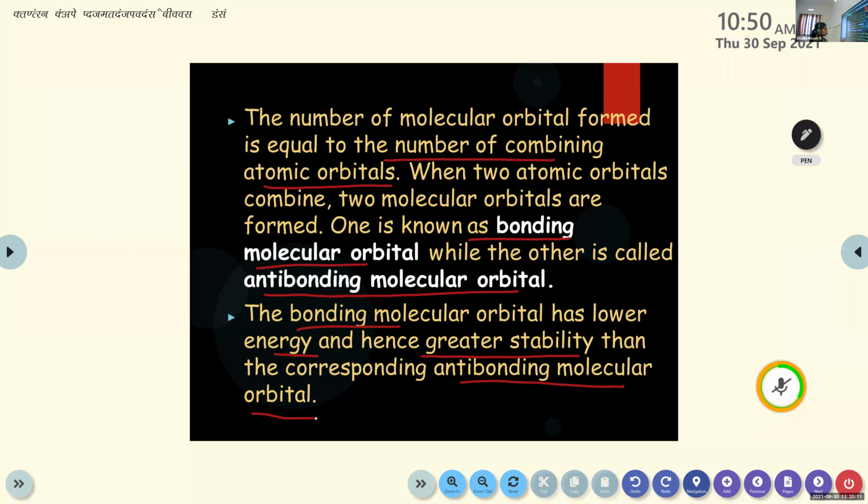So when comparing the energies of bonding and anti-bonding molecular orbitals, the bonding molecular orbital has lower energy compared to the anti-bonding. But in the case of stability, it is the opposite. That means the bonding molecular orbital has more stability than the anti-bonding molecular orbital.